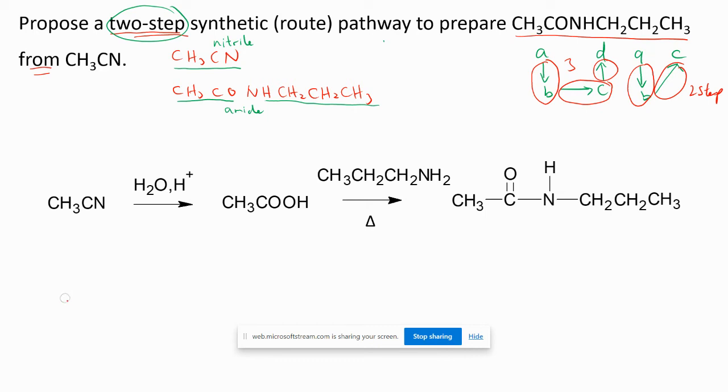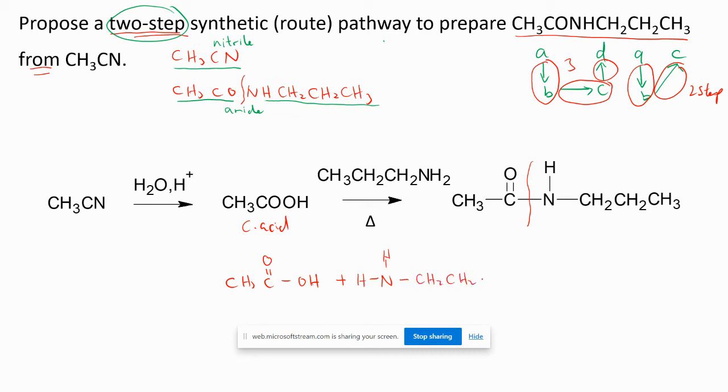First of all, we start with the nitrile compound, undergo hydrolysis, becomes carboxylic acid. When it becomes carboxylic acid, it looks like this: CH3, C double bond O, OH. Now for our final product, we need to add in NH, CH2, CH2, CH3, because it undergoes condensation.